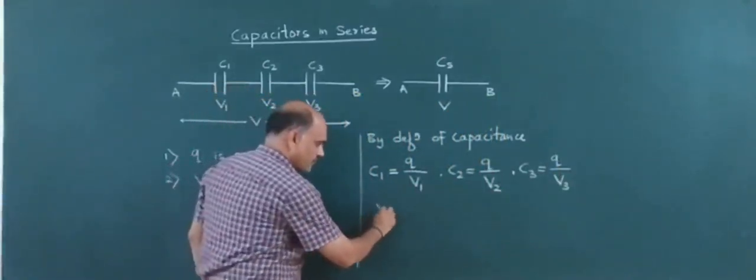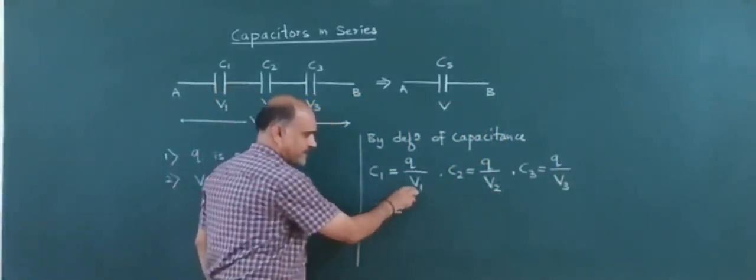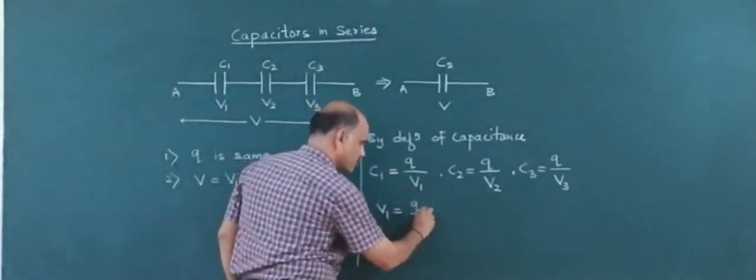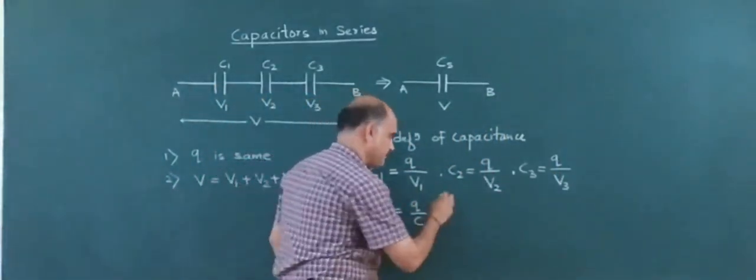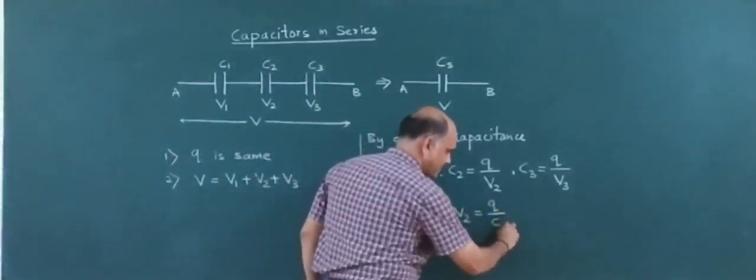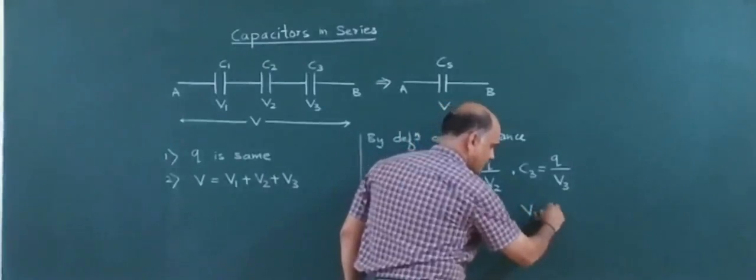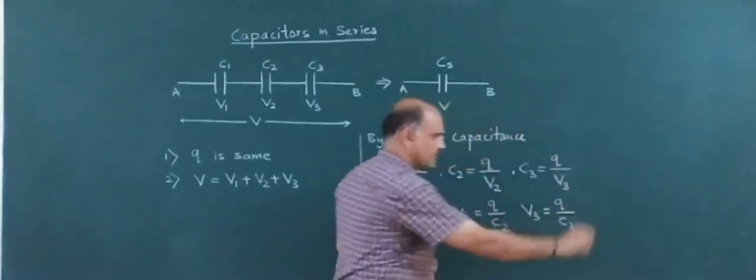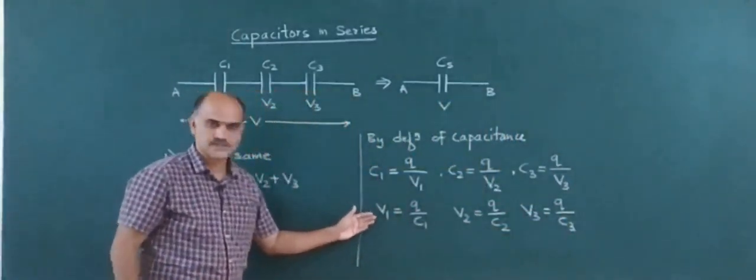So V1 is equal to, taking C1 to the RHS, Q by C1. Similarly, V2 is equal to Q by C2, V3 is equal to Q by C3. Clear, students?